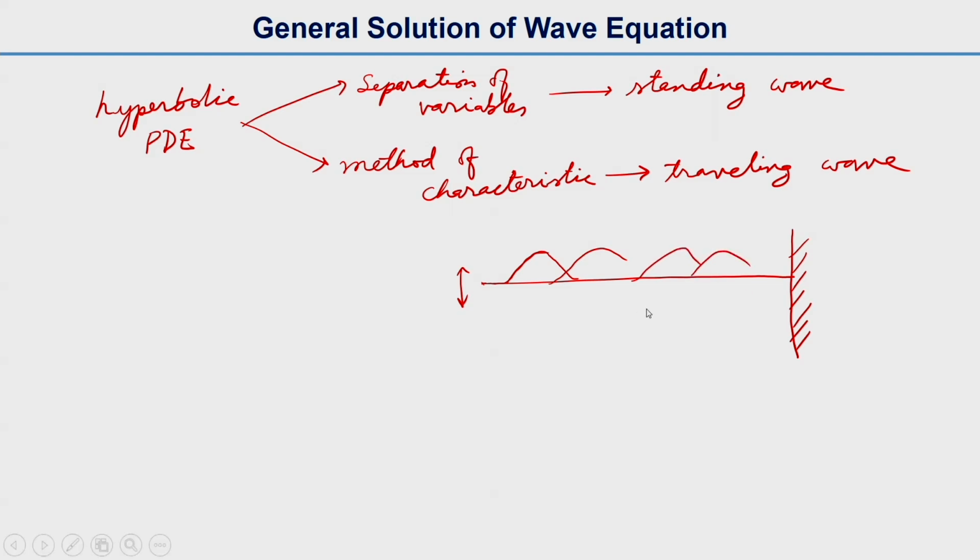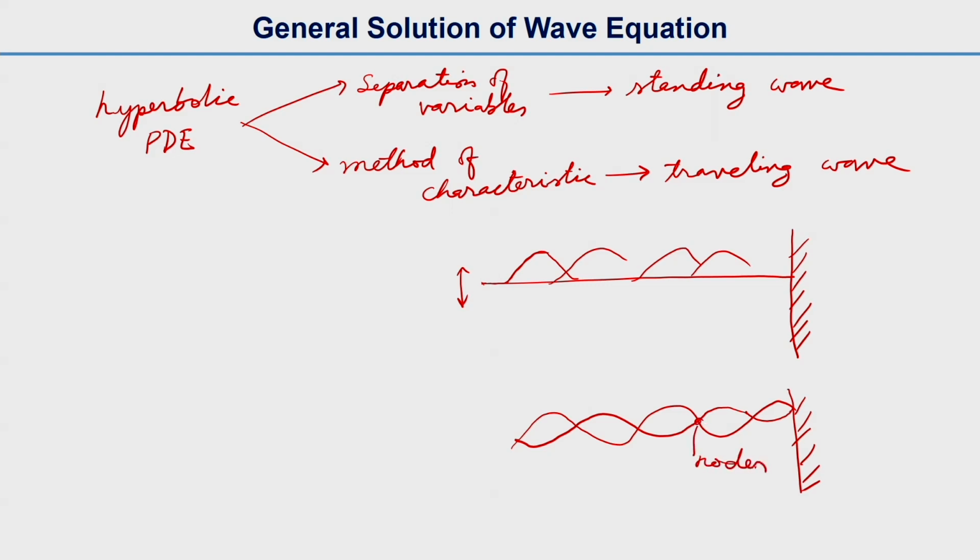This is a travelling wave. In the case of a standing wave, if this wave reflects back from the other end, then due to constructive and destructive interference the wave forms something like this, where these are called nodes and these portions are called antinodes.